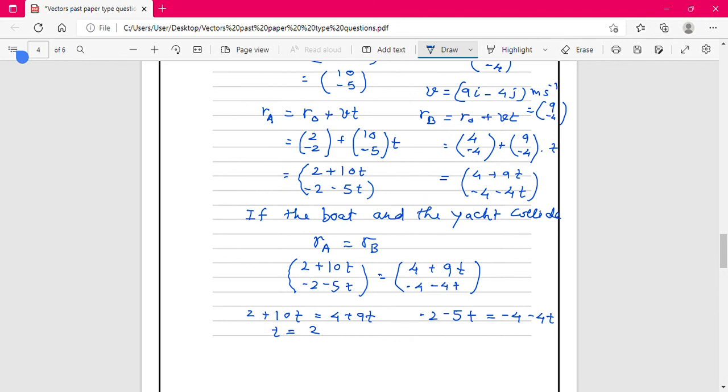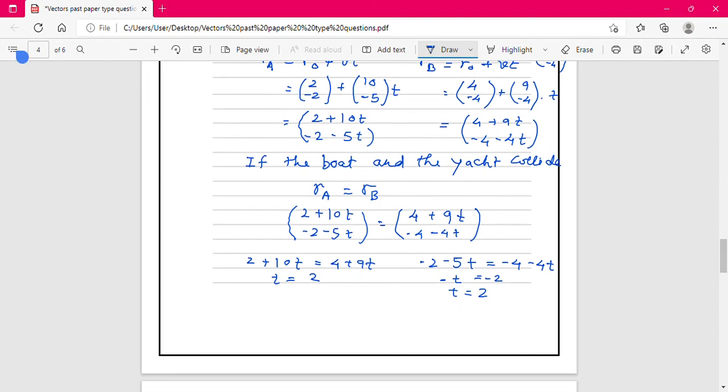Now minus 5t plus 4t is negative t, and minus 4 plus 2 is negative 2. As you can see, the same value of t satisfies both components. That means at t equal to 2, the final position vector of the boat and the yacht will be the same.